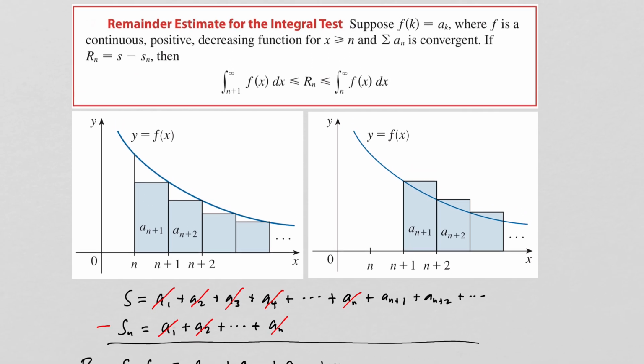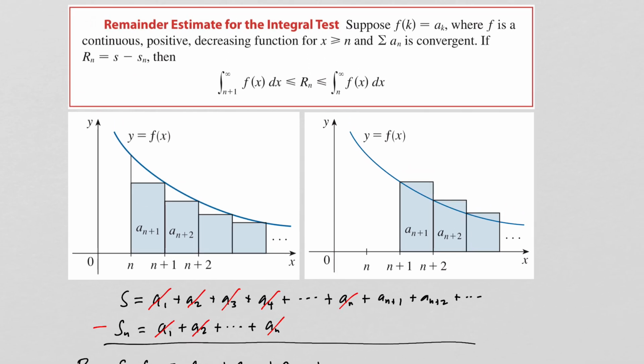So back up here now, we know that the remainder is a number in between these two integrals, and you can see that from these pictures here. So if the remainder is the sum of the n plus 1 term all the way out to infinity, we can see that that is less than the area under the curve from n to infinity.